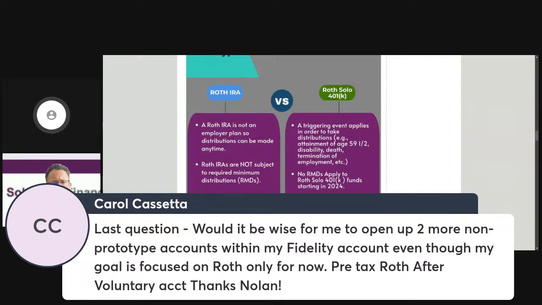Would it be wise for me to open up 2 more non-prototype accounts with my Fidelity account, even though my goal is focused on Roth only for now? Pre-tax, Roth, after-tax? Great question.